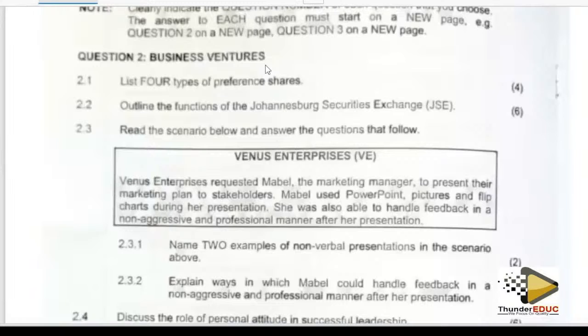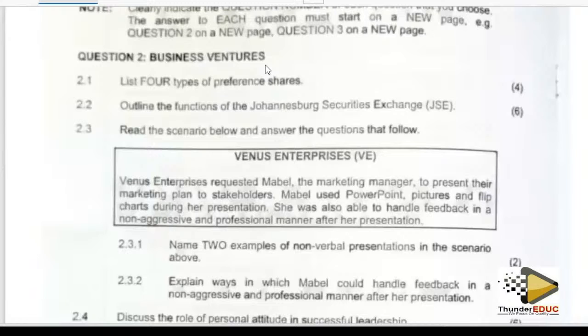But the moment the business is not making enough profit, the dividends won't be paid out. Why won't they be paid out? Because the business is not making profit, and also they didn't put that much money inside the business. Okay, right, great. So now let's check the examples of the 4 types of preference shares.